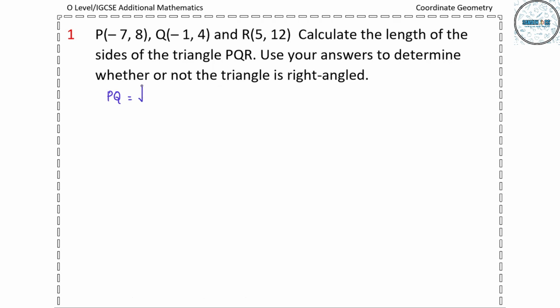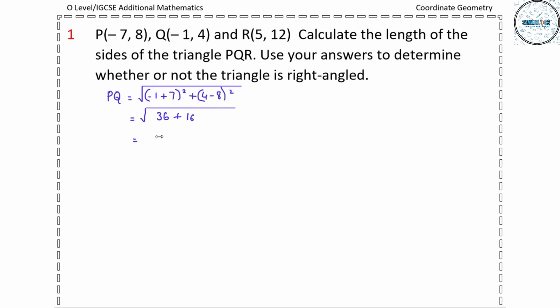So the length of PQ is equal to the square root of (-1 plus 7) whole squared plus (4 minus 8) whole squared, which is equal to the square root of: minus 1 plus 7 is 6, and 6 squared is 36; 4 minus 8 is minus 4, and the square of minus 4 is 16.